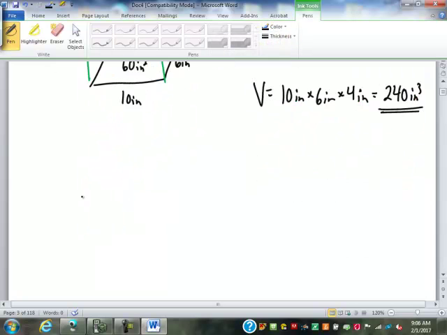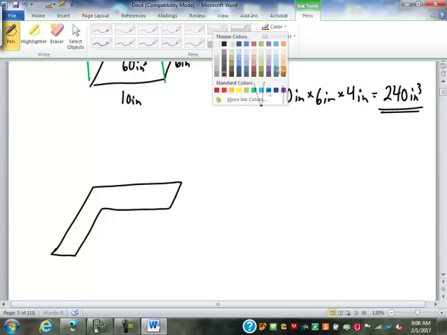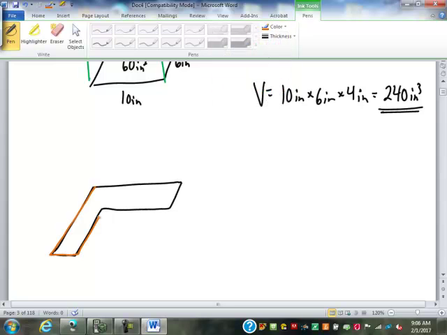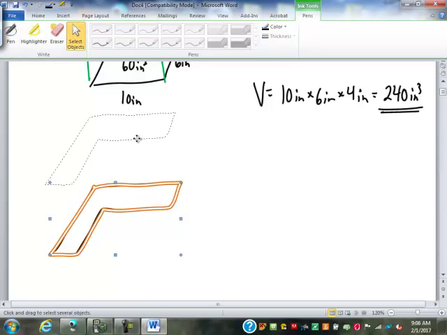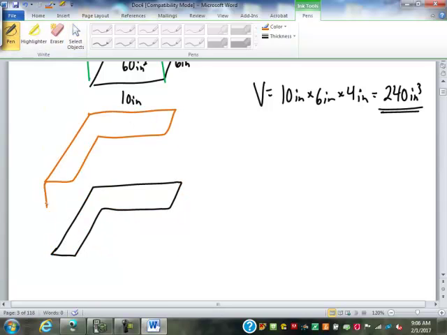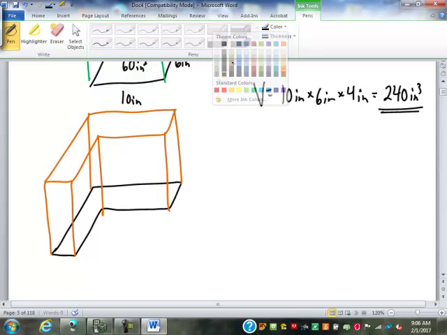But what if it's something like this? Finding the volume of this, now I've got to give you some dimensions yet, obviously.